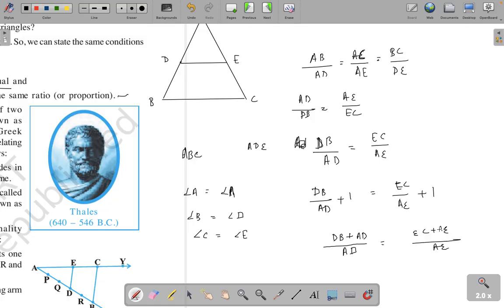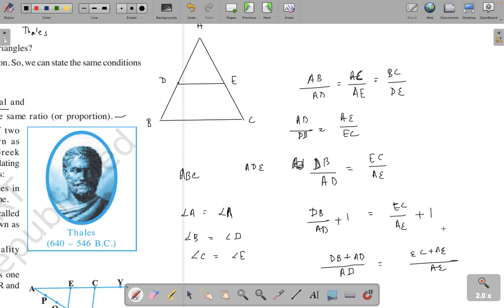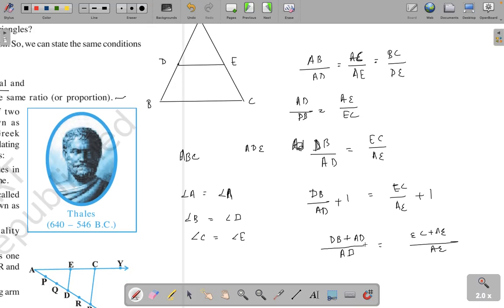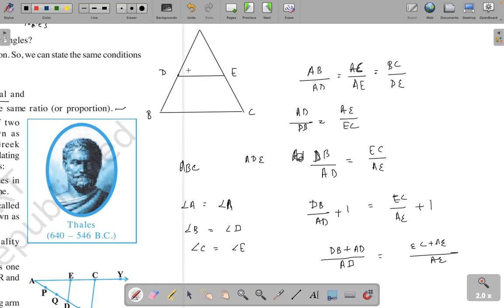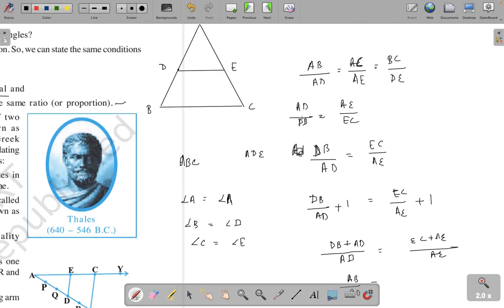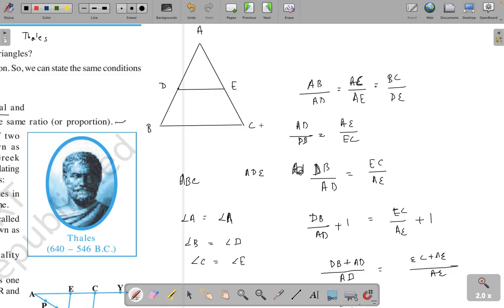So you know AD plus DB is equal to AB. If you add this and this, you'll get AB. So AB upon AD is equal to EC plus AE, so AE plus EC is AC.